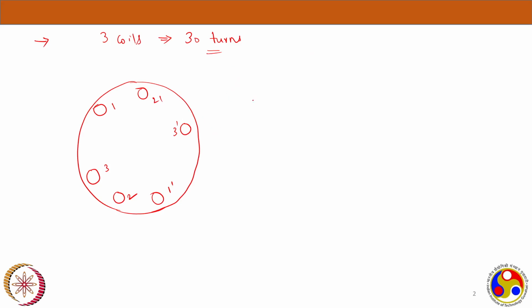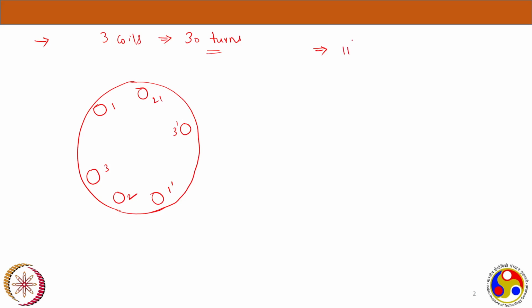Now, when we do it like that, it will give rise to three different voltages, because all these three are under the same magnetic field, and the voltages they generate will be equal in magnitude. I'm writing it here.